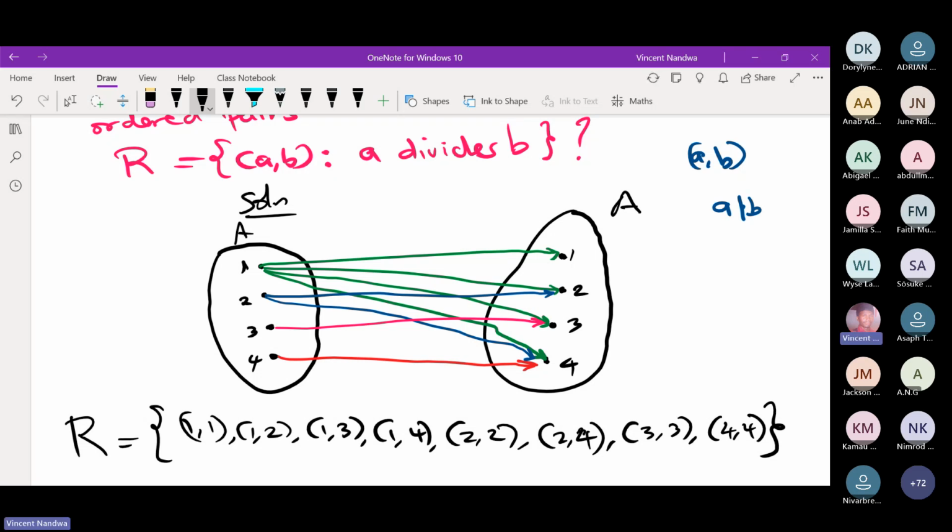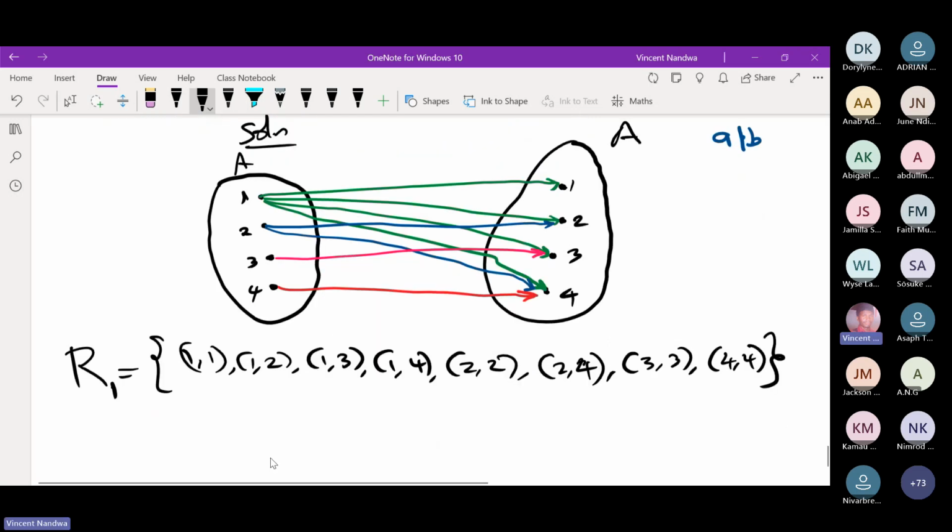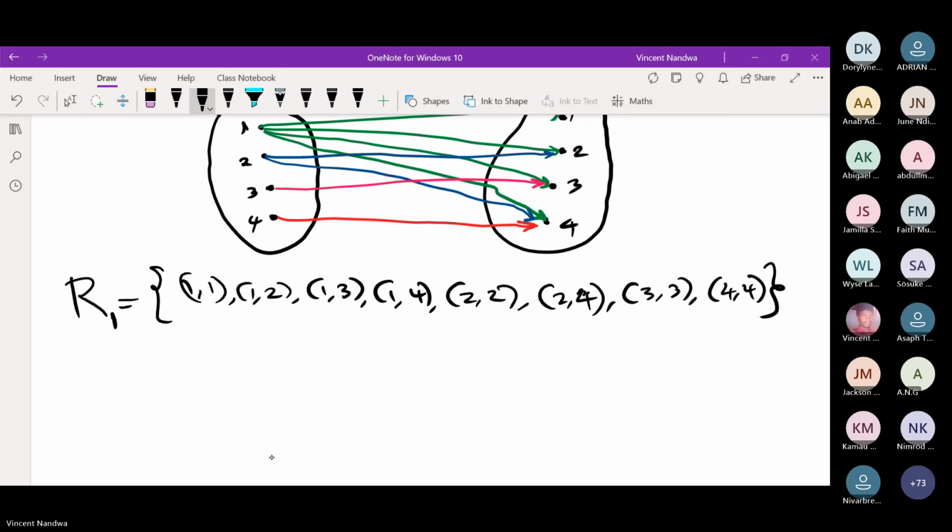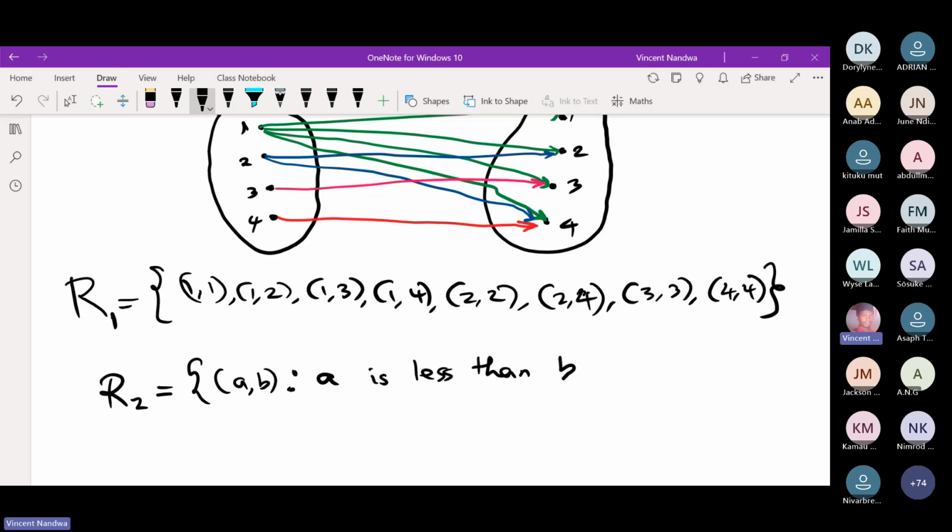Let's give it the name R1. The instruction for R1 is elements (A, B), where A divides B. What if we have R2, such that R2 has elements (A, B), where A is less than B?